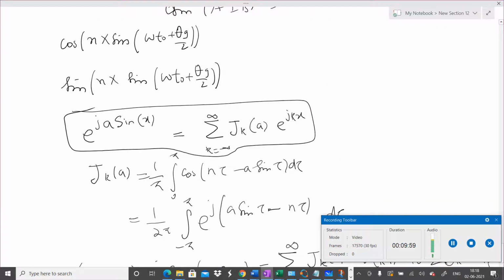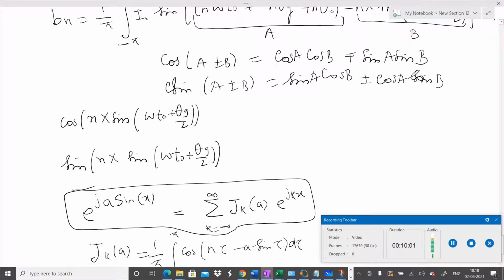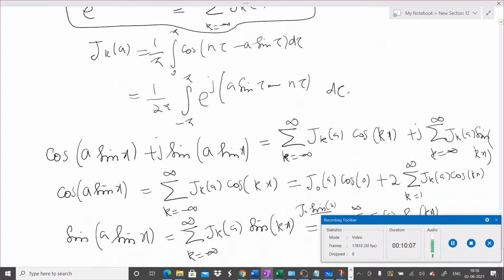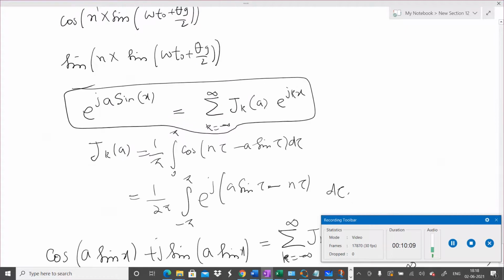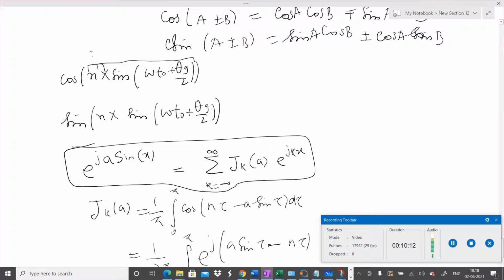Now using these two relations, we turn back to what we need. Here we had a sine x, so this is your a, this is sine, this is x.